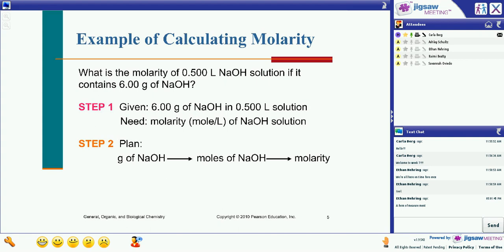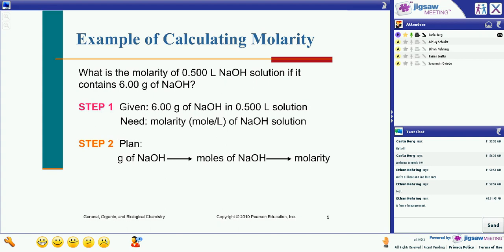Now I also added what we need. We need to find the molarity, or the moles per liter, of sodium hydroxide. Okay. So step 2, write a plan. Our plan is to change grams of sodium hydroxide to moles of sodium hydroxide to molarity.